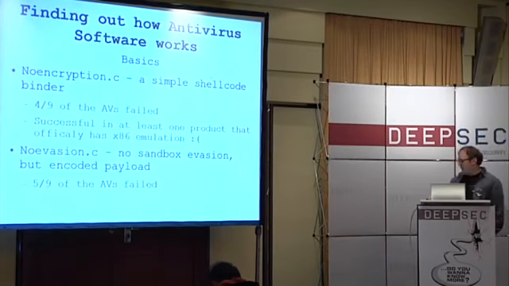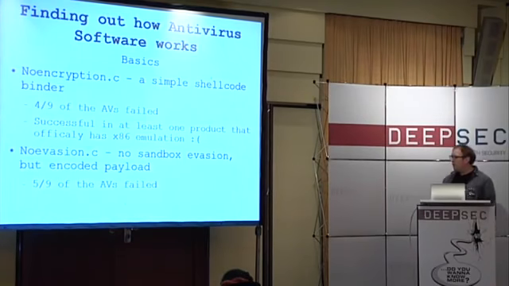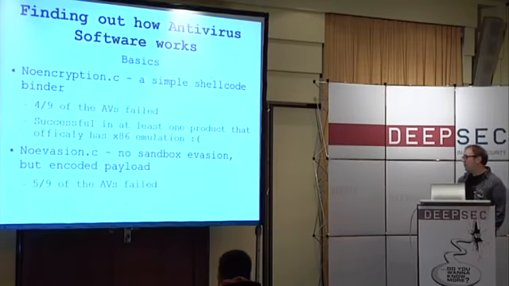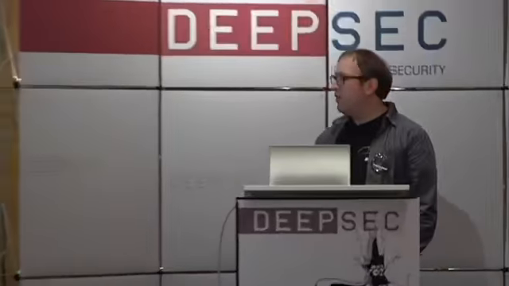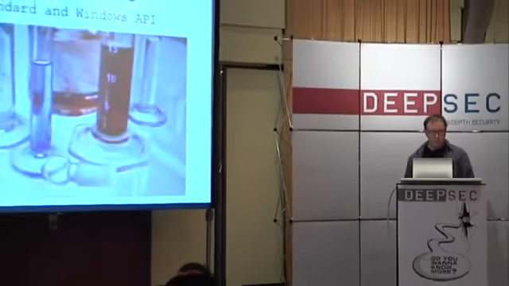And I have one more doing the encoding, but no sandbox evasion. Here 5 of 9 failed to recognize it. Then I started doing some research about standard calls and Windows API calls.